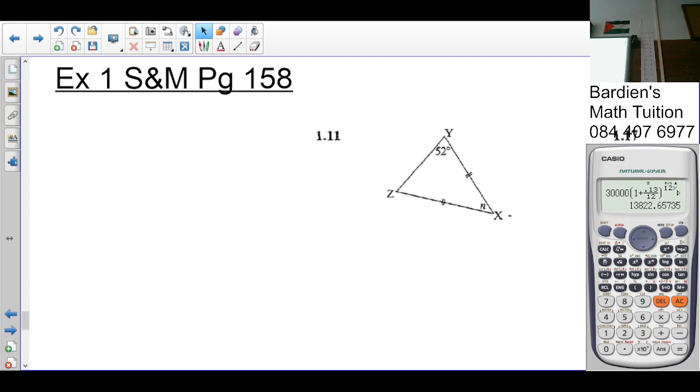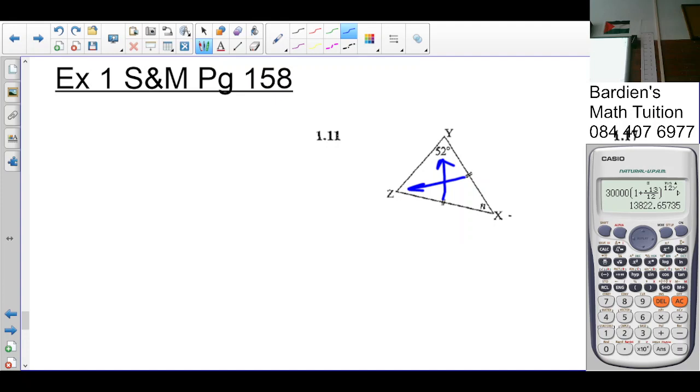Number 11. I'm going to solve 1.11. Is N 52 degrees? You all agree with that? Which angle is actually 52? Now you see, in the previous questions there were no letters given on them. Now there are letters given.